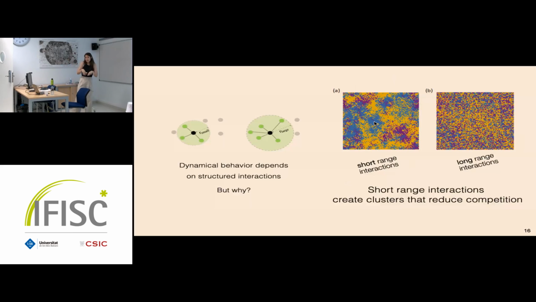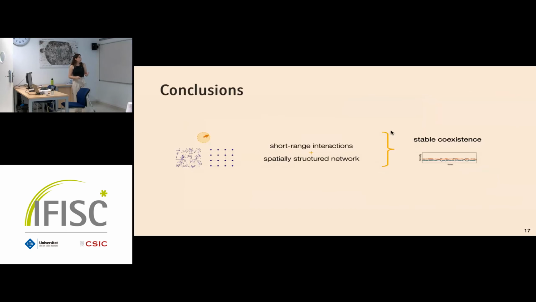Inside them the competition is reduced, because if one individual dies there, it is going to be replaced by an individual of its same species. So short range interactions in structured networks allow the creation of clusters that reduce competition and, at the end of the day, create this dynamical behavior that we have also tested to be stable.